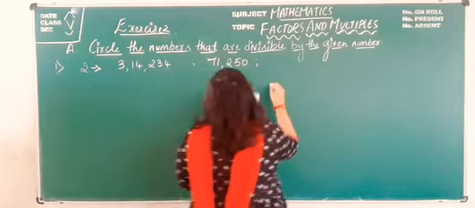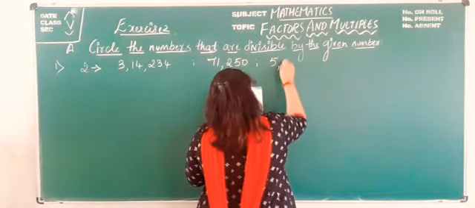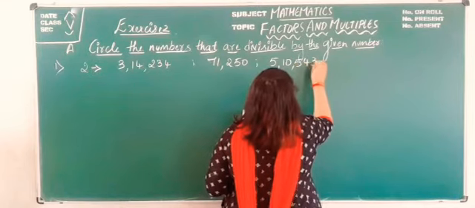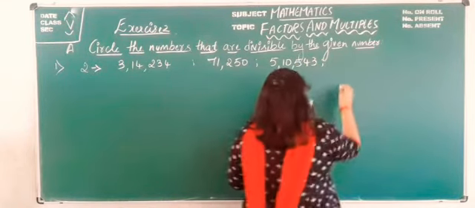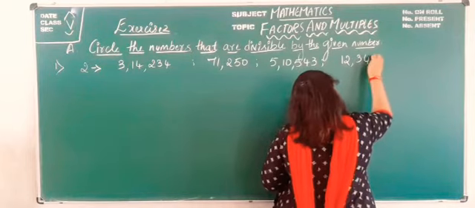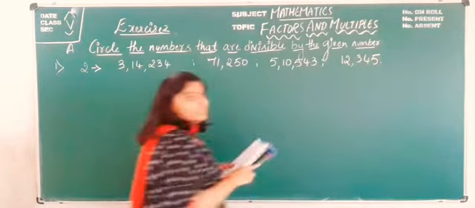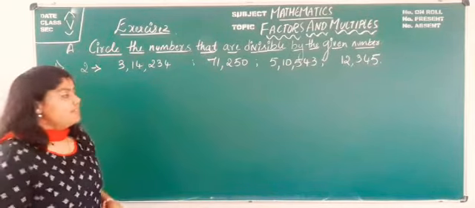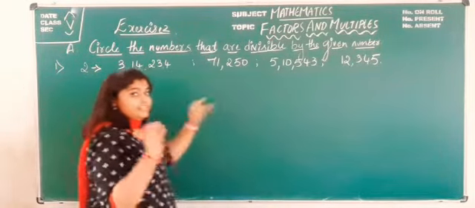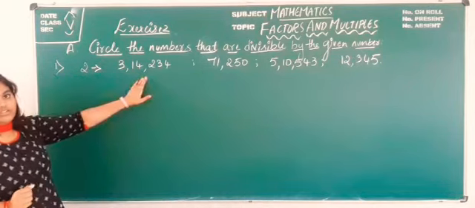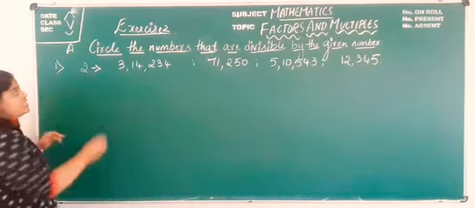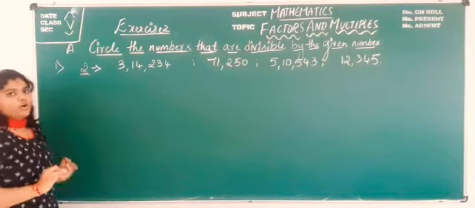Next 5,10,543. Next we have 12,340. So they have given a few numbers and we have to check whether the given number is divisible by 2 or not.